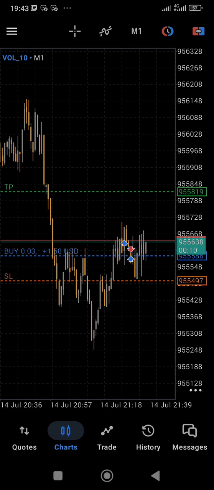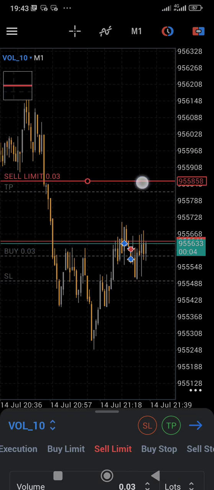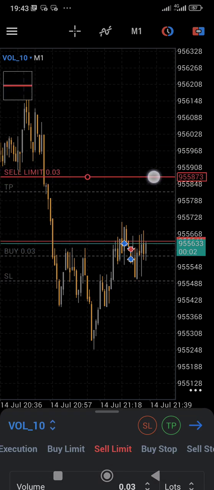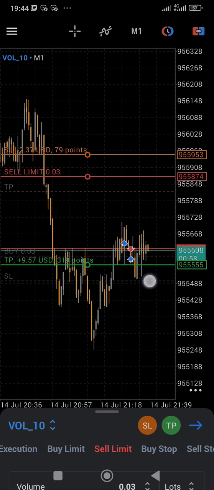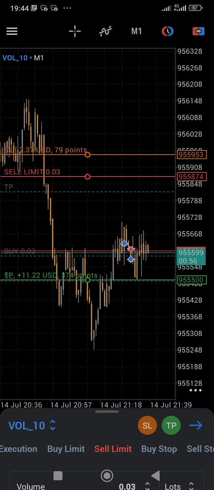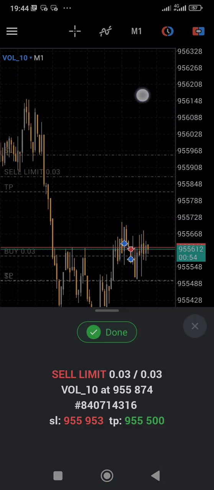Very easy. So let me place a sell limit order again so I can see what I mean. A sell limit with a stop loss properly arranged, and my take profit is somewhere here, and guess what, we are good.